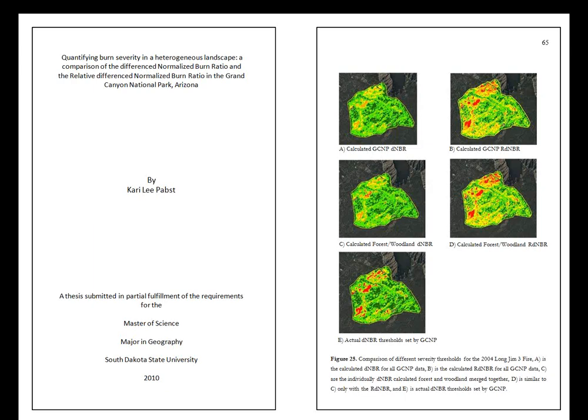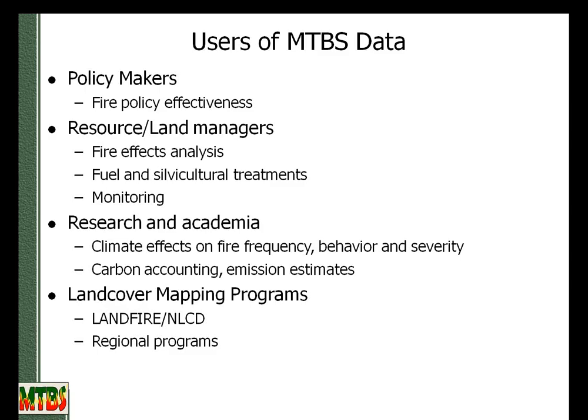Okay, and then some uses. This is from the national level; I stole this from the MTBS website. Policymakers use this stuff all the time to see whether fire policies are actually being effective. Resource and land managers use it to see whether the fuel and silviculture treatments are accomplishing what they set out to, and people are using it for monitoring.